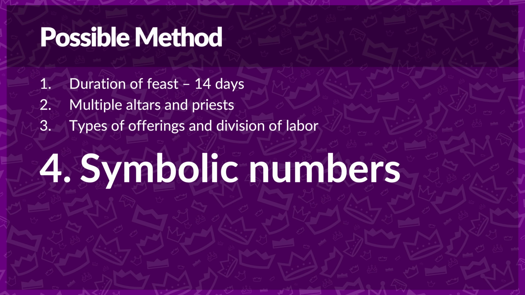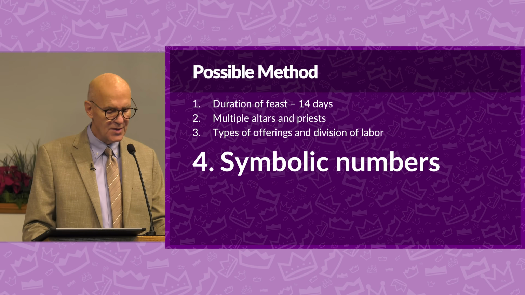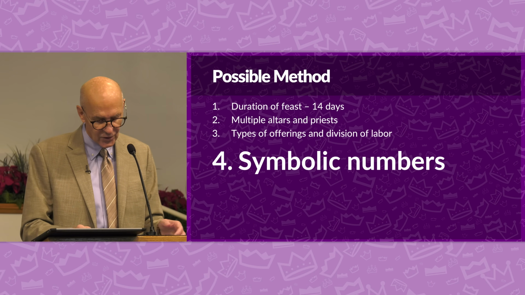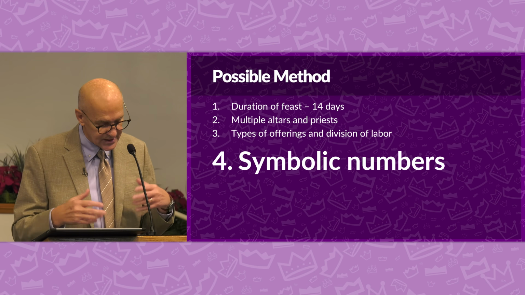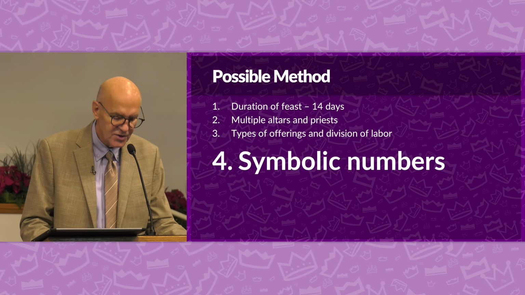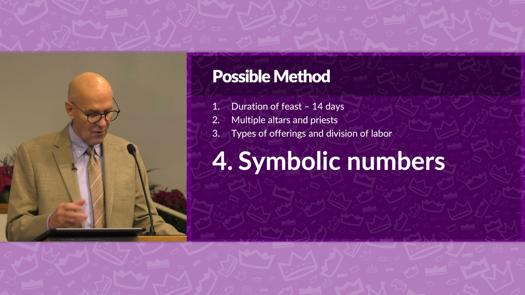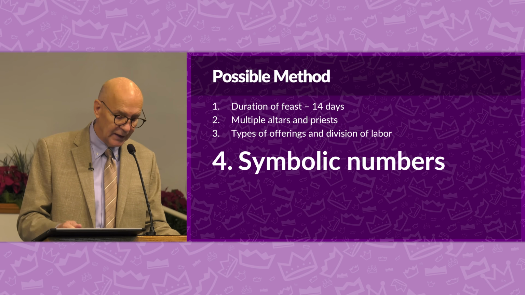Another thing we need to consider are symbolic numbers. In the ancient Near East, large numbers in ceremonial contexts were sometimes used symbolically. While the numbers recorded in 1 Kings 8 may reflect the actual scale of the event, they might also emphasize the grandeur and the significance of the dedication rather than be strictly literal.